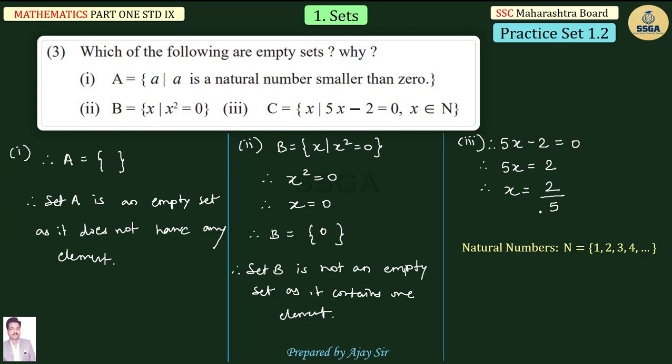Therefore 2 upon 5 does not belong to the natural numbers. So set C is an empty set. There is no element.